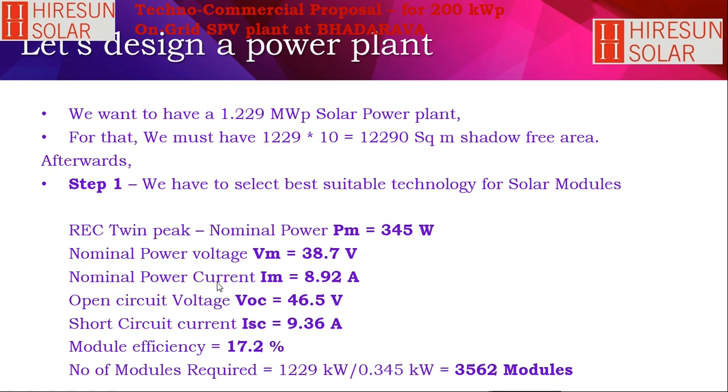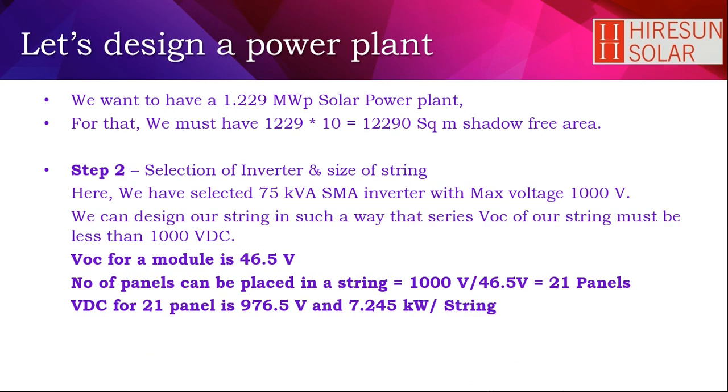So number of modules that is to be required for this 1.229 megawatt or 1229 kilowatt peak divided by this should be converting into kilowatt. That is, this much modules are required to generate this much amount of power.